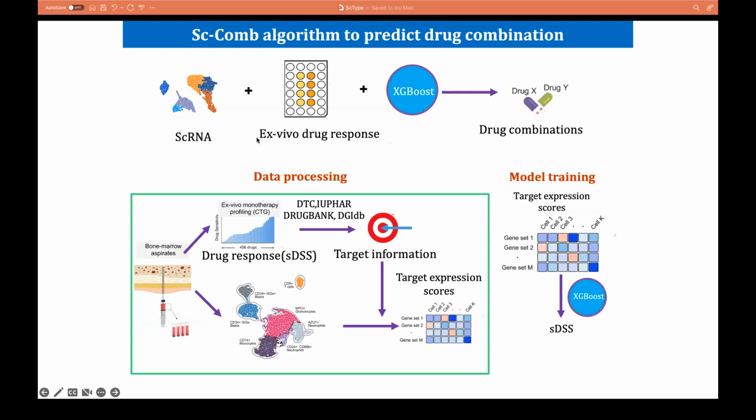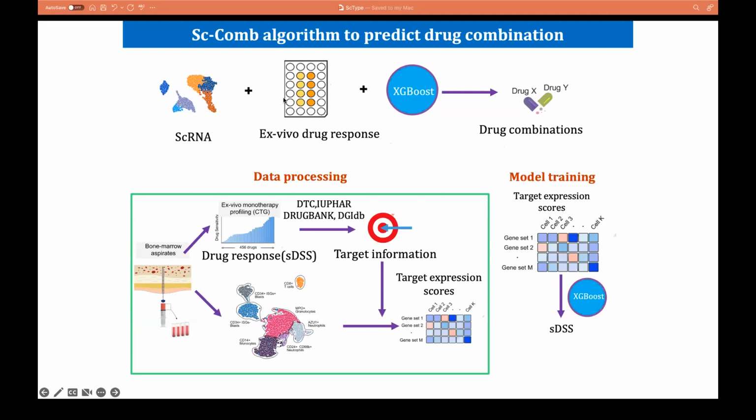To do that, we used scType to cluster cells, and we only took the cancerous cells here. The idea was to match the expression of drug target to drug response.